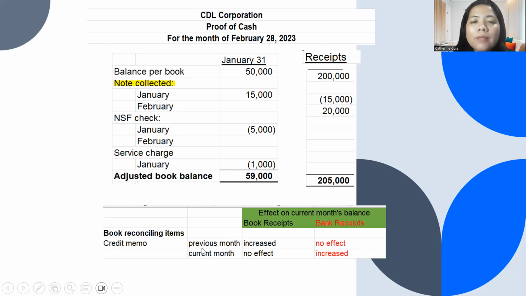Then for the current month, it increased the bank receipts, but does not affect yet the book receipts because it will be recorded by the depositor the next month. Our book receipts are understated in relation to the correct receipts, and therefore we have to add the current month's credit memo.